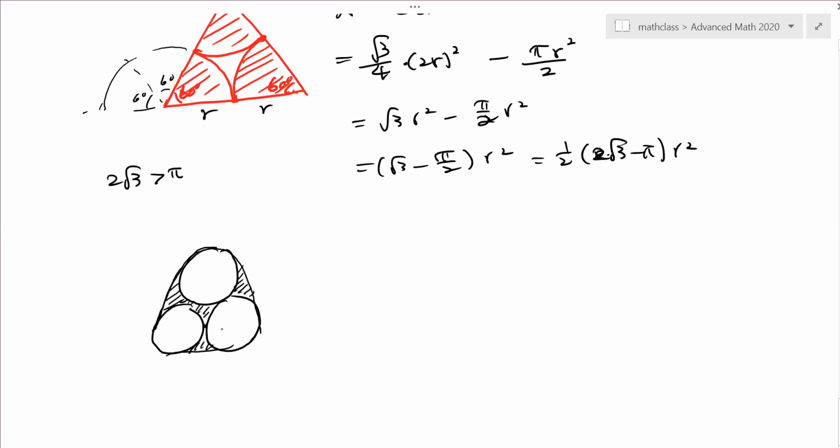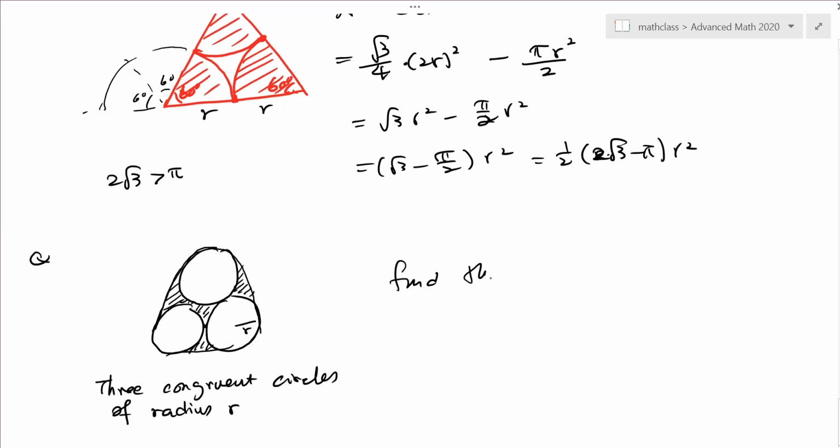That's the second question. So 3 congruent circles of radius r. Find the area of the shaded region.